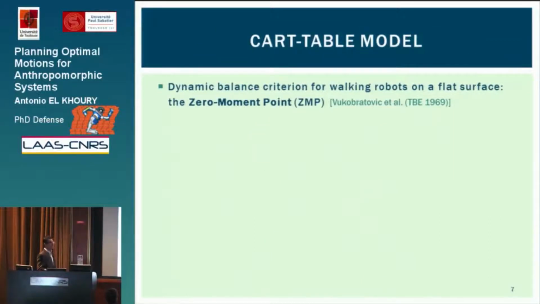So for the particular case of walking humanoid robots on a flat surface, there exists a criterion which is called the zero moment point, which is defined as the point on the floor where the horizontal components of the reaction forces moment is 0. And there exists a sufficient and necessary condition for balance in this case, which is that the ZMP remains during the whole motion strictly inside the convex hull of the contact points, which is also called the support polygon.